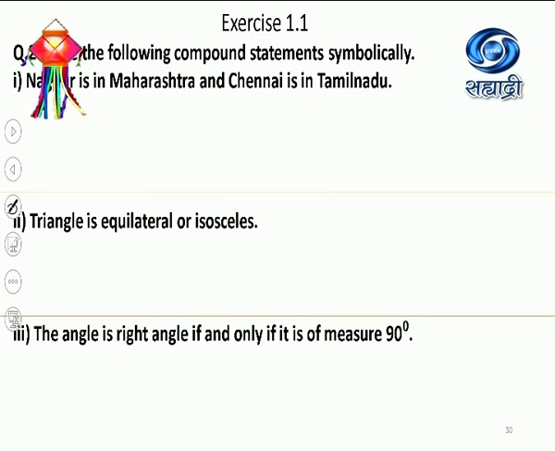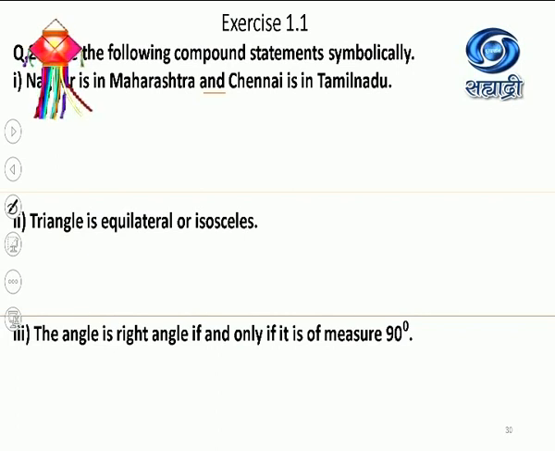So the first example is: Nagpur is in Maharashtra and Chennai is in Tamil Nadu. My suggestion is to try to identify the verbal word or phrase used in this compound statement, which is "and". We all know "and" is a verbal connective and means conjunction.